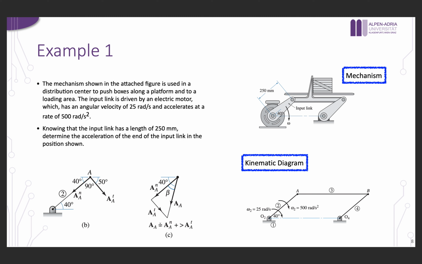The tangential and normal represent the projection of the total acceleration on these two axes. We know there is a 90 degree angle between normal and tangential. This is the total acceleration, for which we need to get its beta, which represents its orientation.